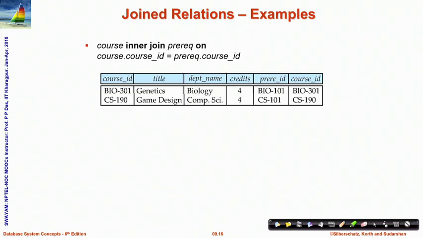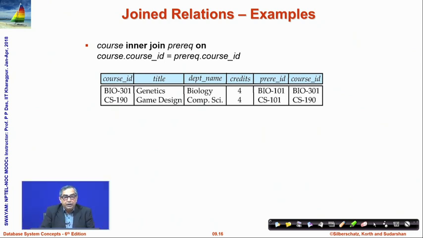So, you are saying course dot course ID is equal to prereq dot course ID. This result incidentally happens to be the same as just doing the inner join, but we are illustrating that the on clause can be used explicitly, for example, when between the two relations we have more than one common attribute, but we may want to actually do the inner join based on only one of them, or equality on two of them, and so on.